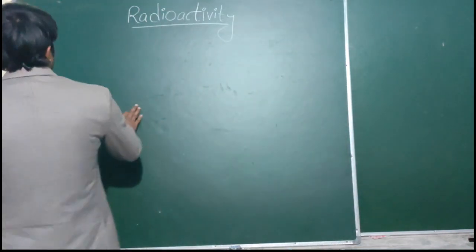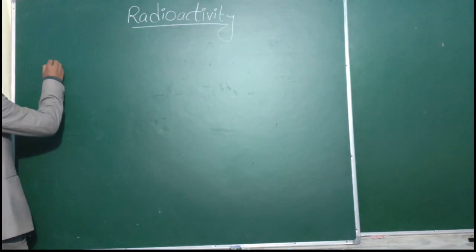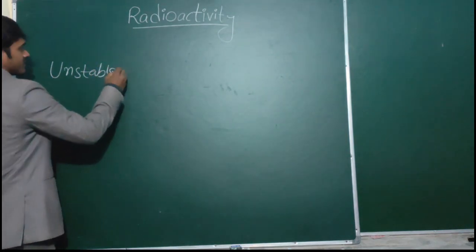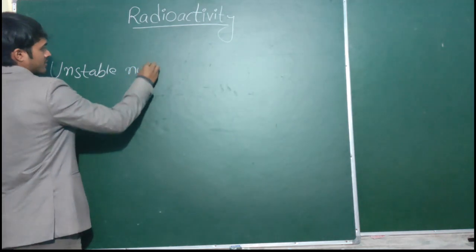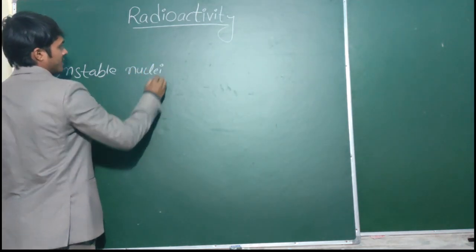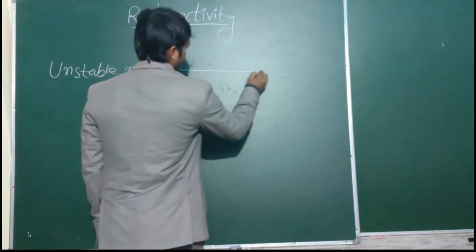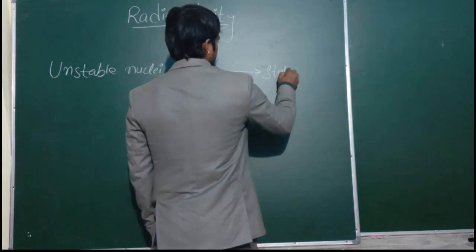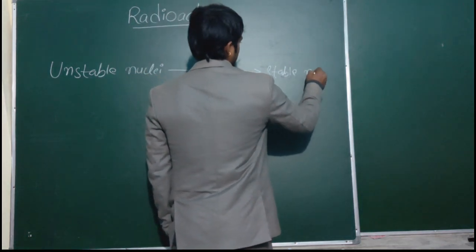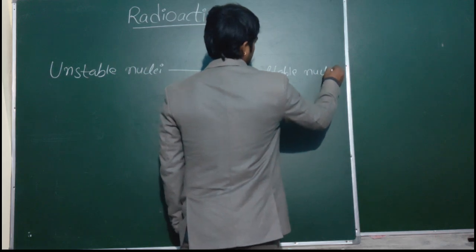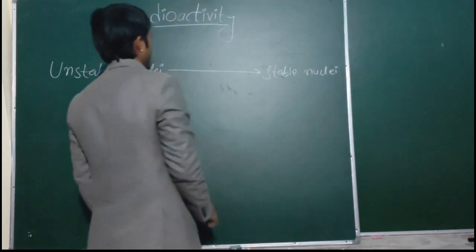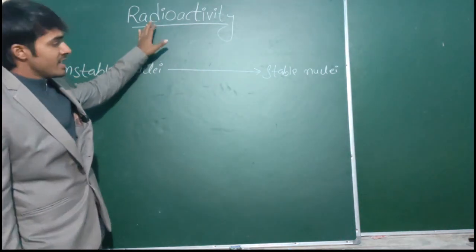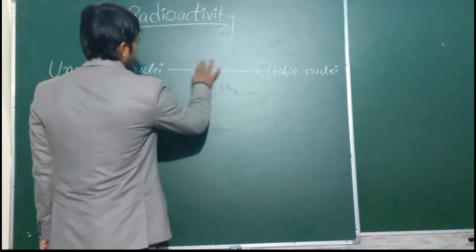So, in radioactivity, unstable nuclei become stable. So the process in which the unstable nuclei become stable is radioactivity, and in the process they do emit radiation.